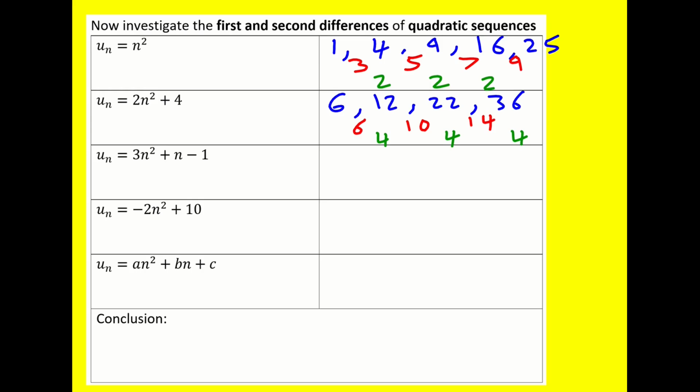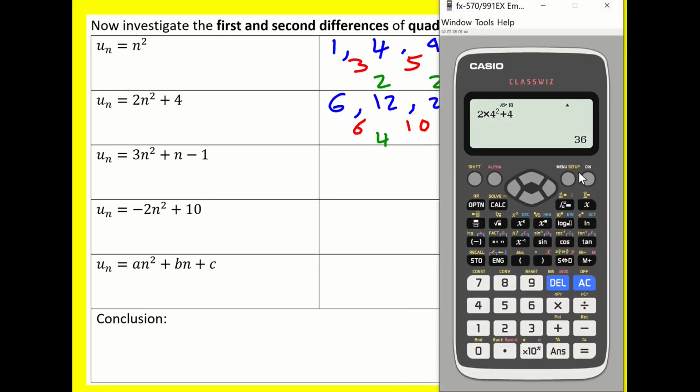Next one. I'm going to be a little bit cheeky now, and I'm actually going to use the table function to find it quickly. So I forgot what that is. One sec. There it is, number 9 on my calculator. Okay, so I can put in 2n squared plus 4.